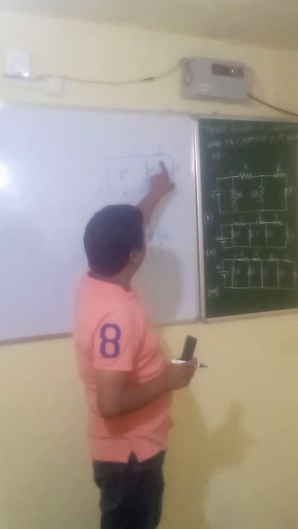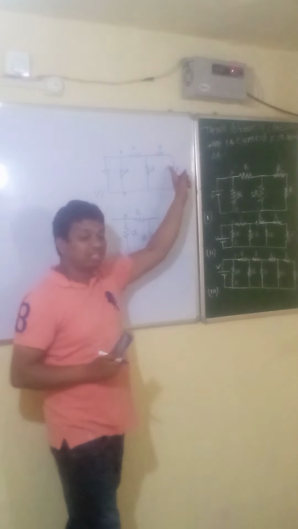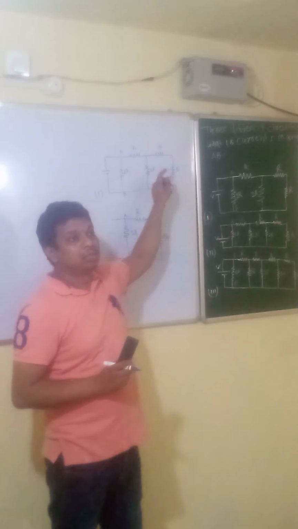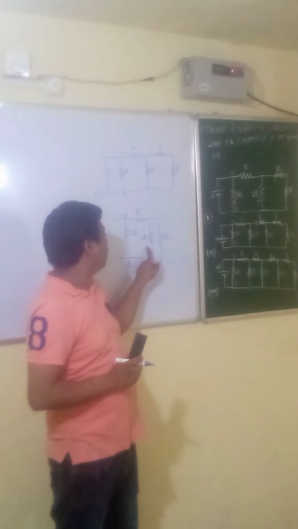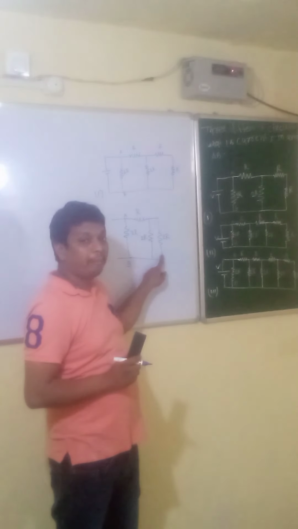This is R and this is R. Then these are in series, so R plus R is going to be 2R, and then this is in parallel.